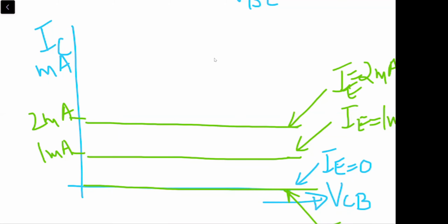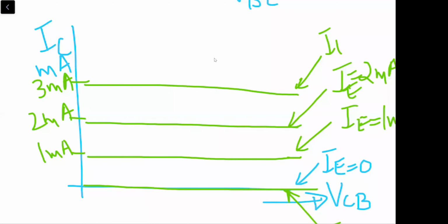Similarly, if I increase IE to 3 milliamperes, IC will also increase to somewhere close to 3 milliamperes. Are you with me? Yes, sir.